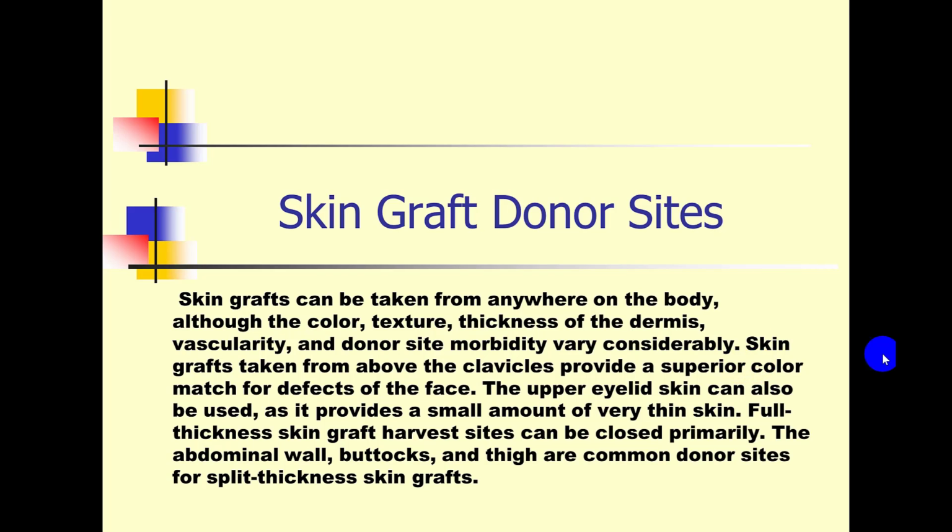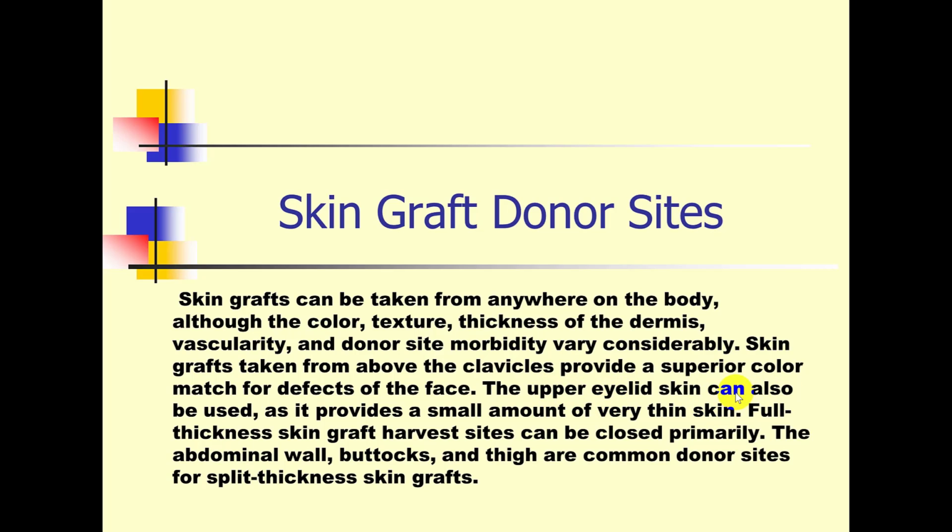For example, above the clavicle is considered superior for color matching and similarity to the face. When we want a graft on the face, we take it from the supraclavicular region, not from the abdomen or the thigh.